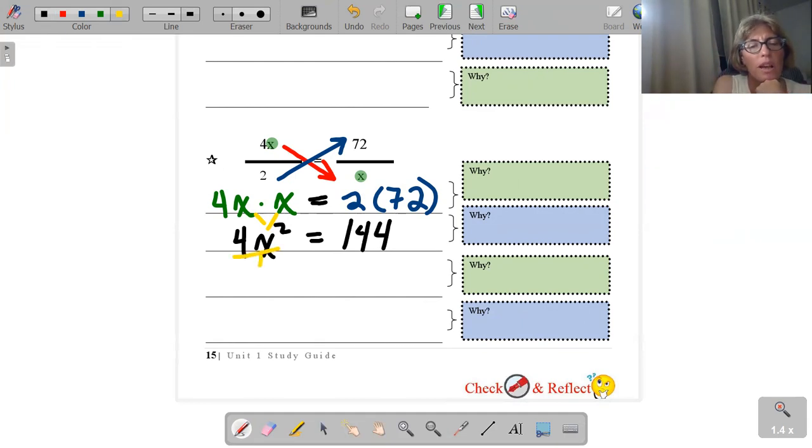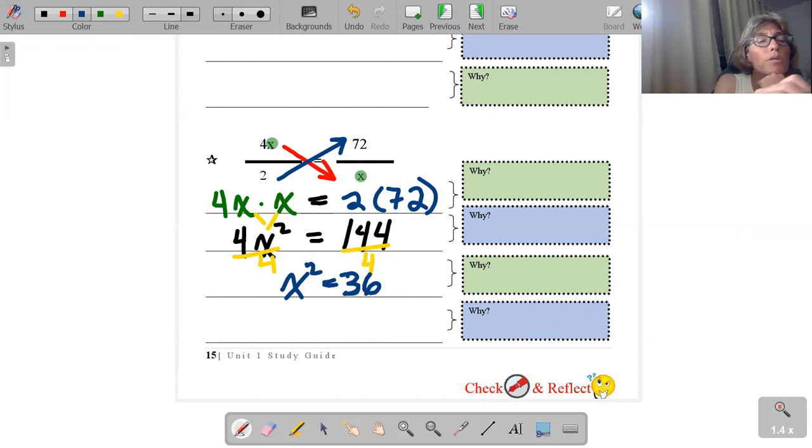And divide both sides by 4. I end up with x squared equals 4 goes in there 3 times, 4 goes into 144 36 times.